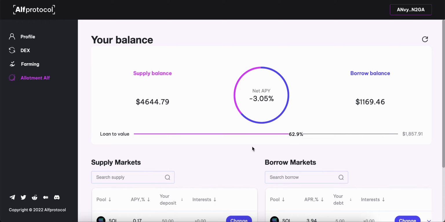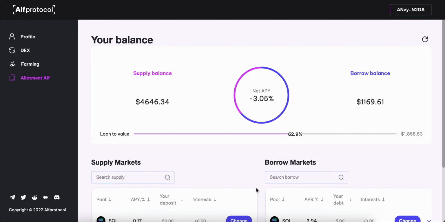So what does this net APY mean? This number represents your actual APY, as it takes into consideration all of your deposits and all of your borrowings. If you have this net APY at a negative number, in this case we have minus 3%, this simply means that we are paying more in interest on borrowed money than we're actually earning.